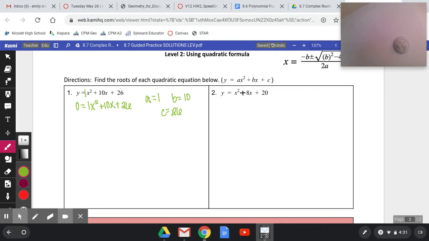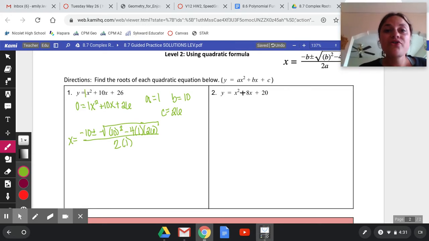So x is equal to the opposite of b, so negative 10, plus or minus the square root of b squared, so 10 squared, minus 4 times a times c, all of this divided by 2 times a, which is 1. Okay, so pause right now, enter this into your calculator and see what happens.